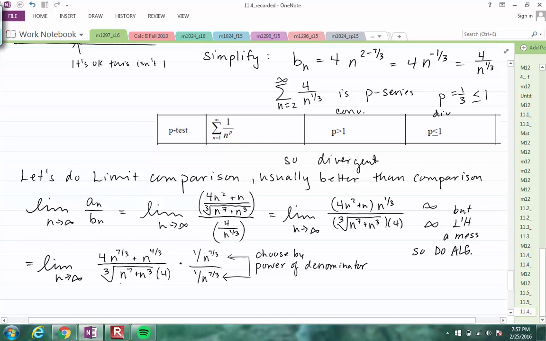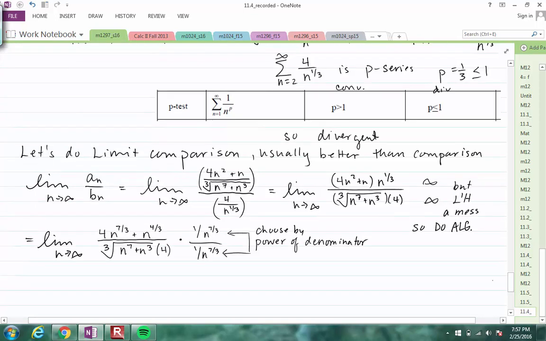Even though you can't take the third root of n to the 7th separate from n to the 3rd because there's a plus between them, in terms of magnitude of the power in the denominator, that's what we got, 7/3 power. So that's how I choose the denominator of n to the 7/3, over the top and the bottom. Now we do all the algebra and good things are supposed to happen.